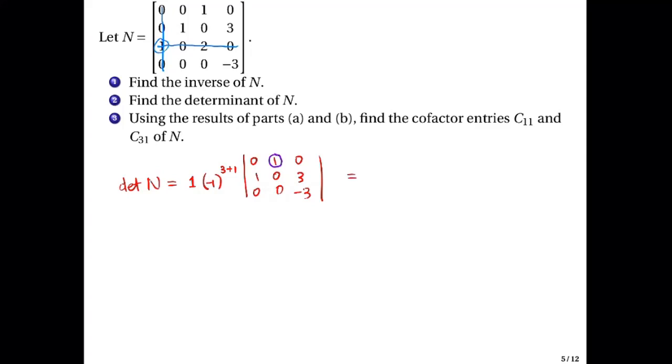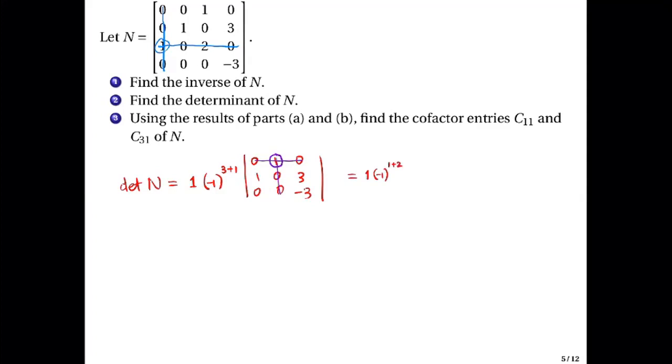I am at this point, so remove this and then remove this. I will have 1 times negative 1 raised to, this is the 1, 1 entry, this is the 1, 2 entry, so raised to 1 plus 2. And then the determinant of 1, 3, 0, negative 3.